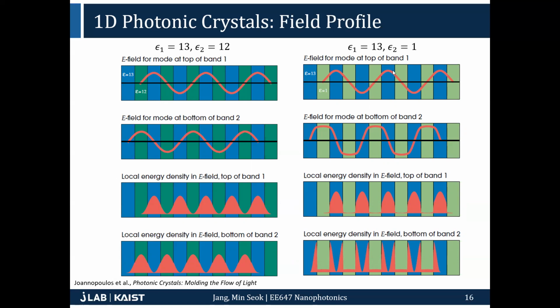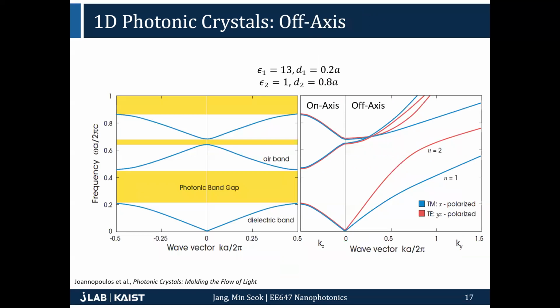So this is the lower band, and in the upper band, most of the electric field actually lies in the low index medium, right? And if you compare how much energy resides in the high index medium, you can see here the concentration factor is much higher in this case compared to that case. Okay, so this is what I told you last time.